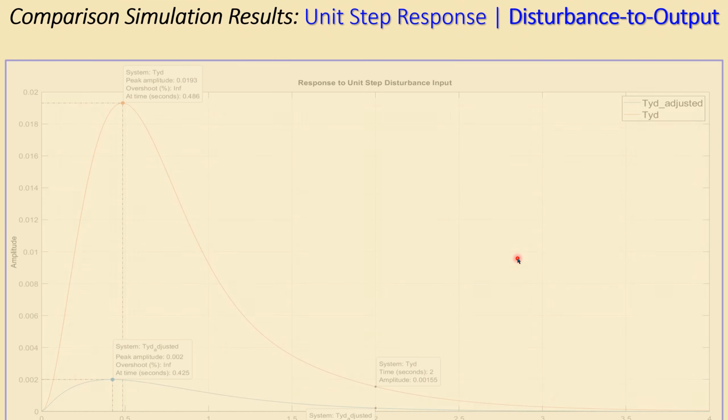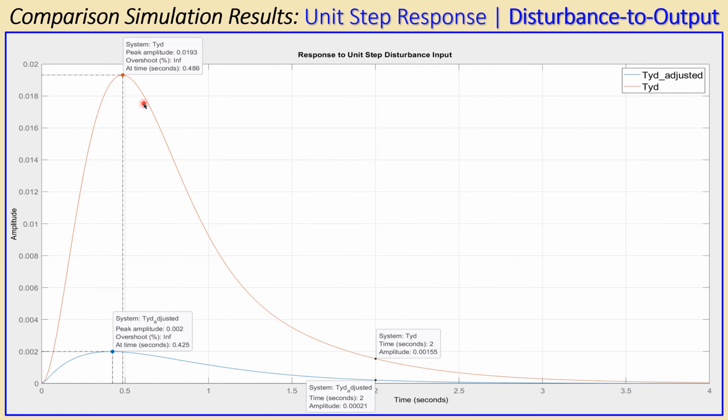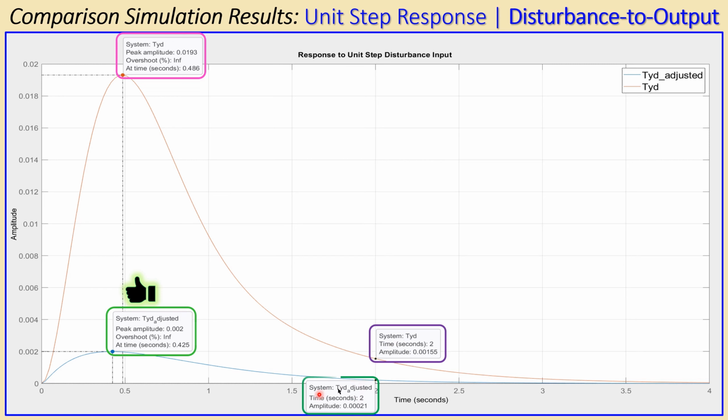Okay, moving on to the disturbance. Again, in similar form, the orange one is the original value and the blue one is the tuned. You can see the peak has decreased a lot, so almost 10 times, which is a lot. And the value at 2 seconds has decreased too, because that was one of the specifications. You can see this is much higher than that one, so it is fine, and this is also much smaller than that one at 2 seconds.